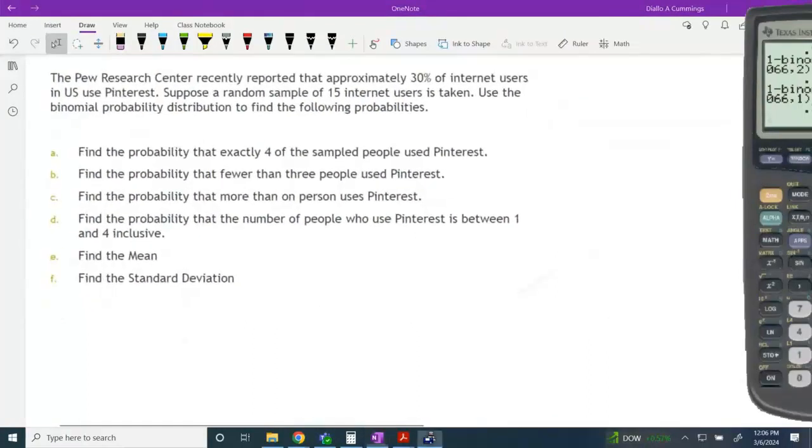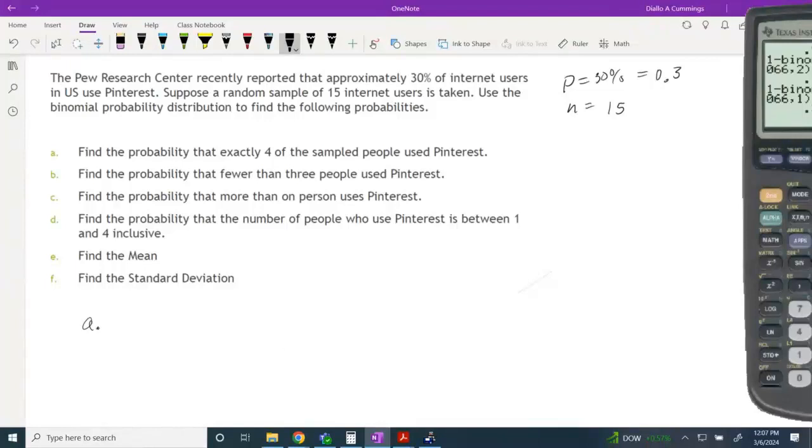So P is going to equal 30%, which is 0.3. And N is going to equal 15, right? So let's look at A.